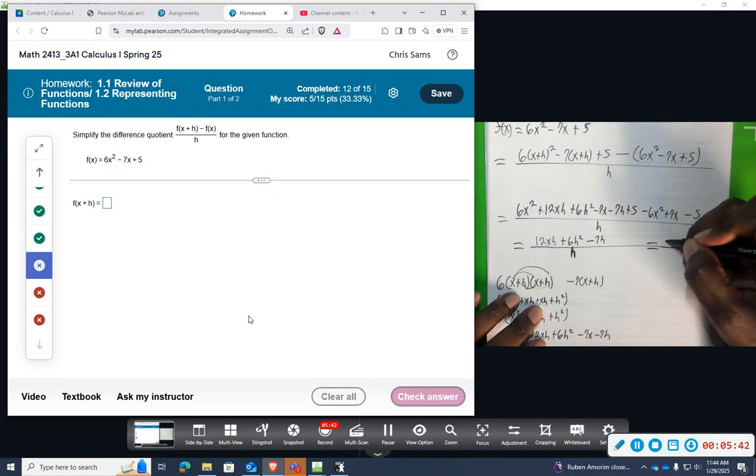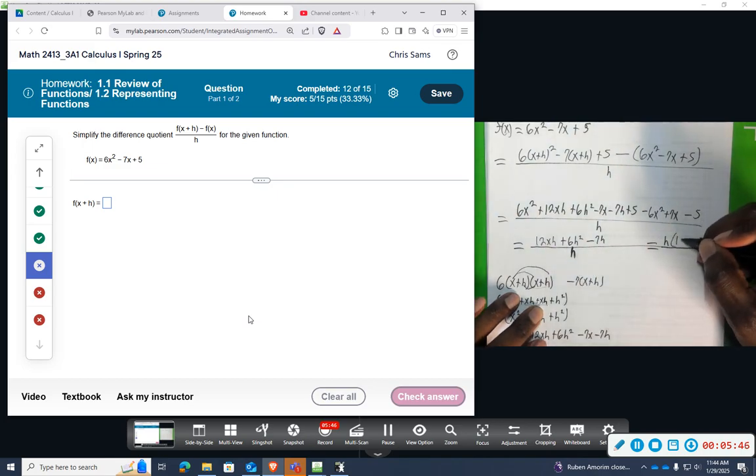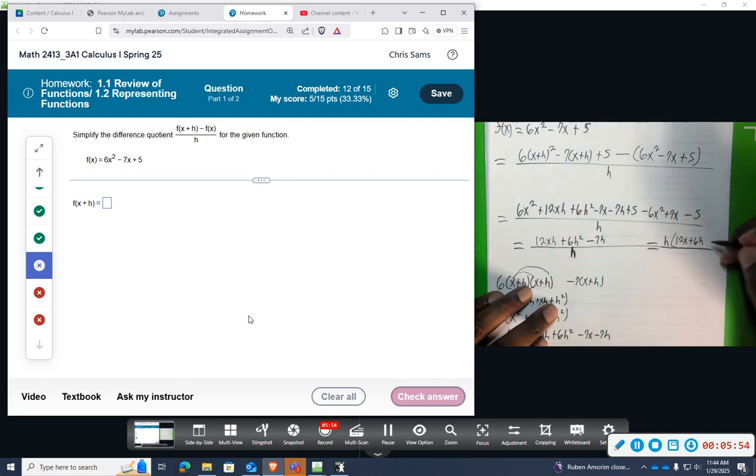If I factor out an h, that's going to leave me with 12x plus 6h minus 7. And then h on the bottom, h will divide out, leaving me with 12x plus 6h minus 7 as my final answer for the difference quotient.